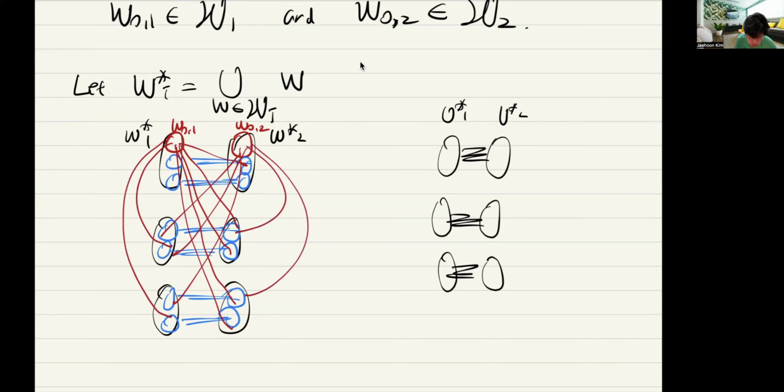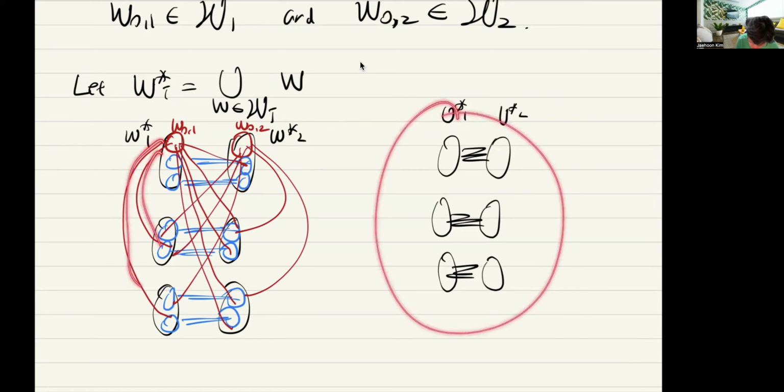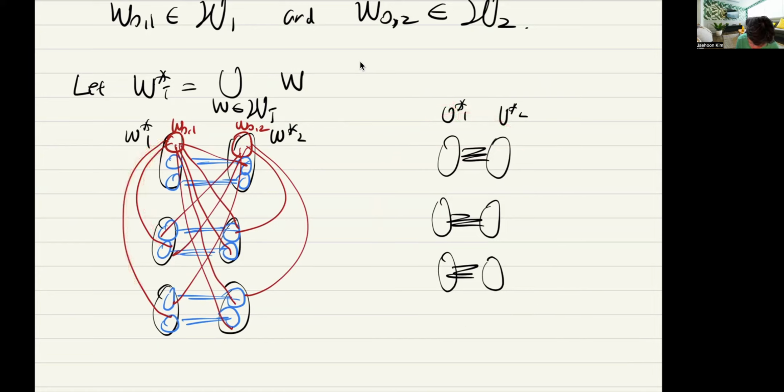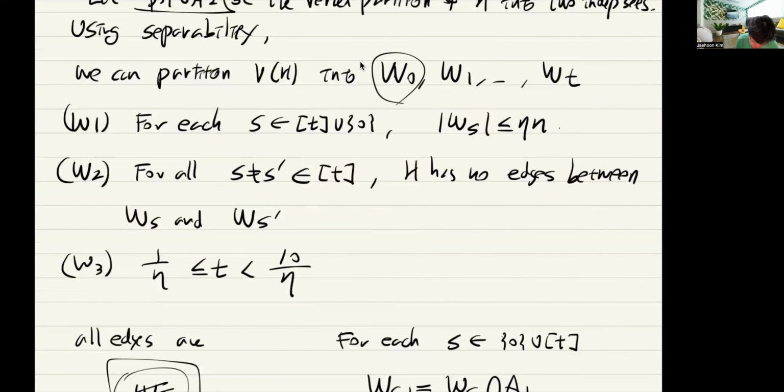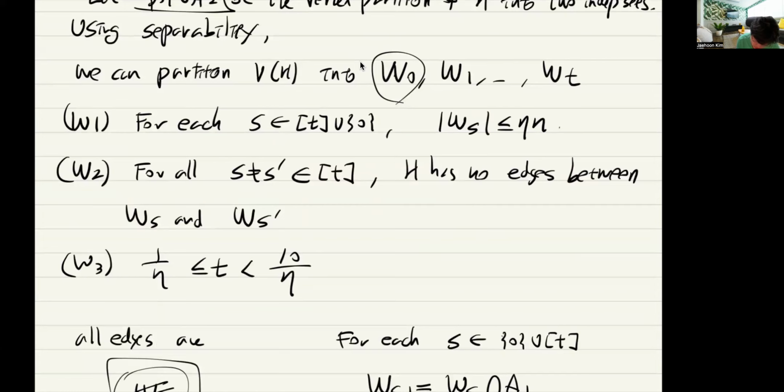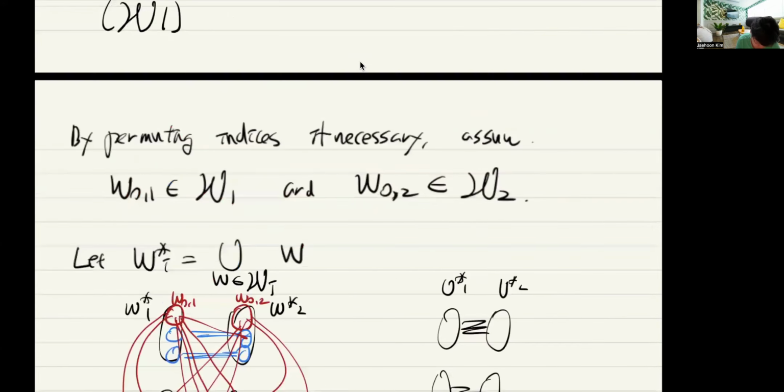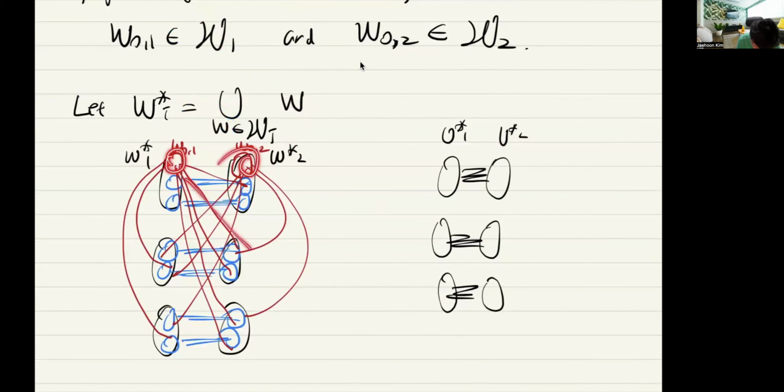These edges could be arbitrary, so these edges have to be embedded to here. That has to use some edges other than this superregular part. Remember that in H, the edges are all between either inside each Wi or between W0 and Ws. So W0 is here, so you might want to use some edges here.